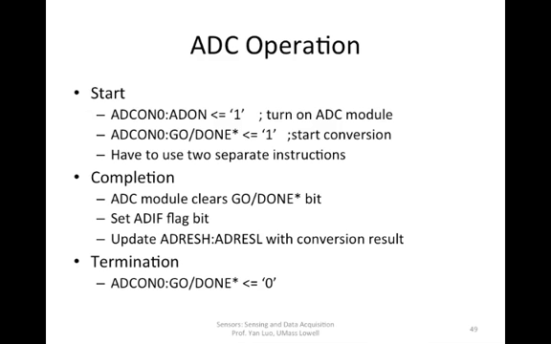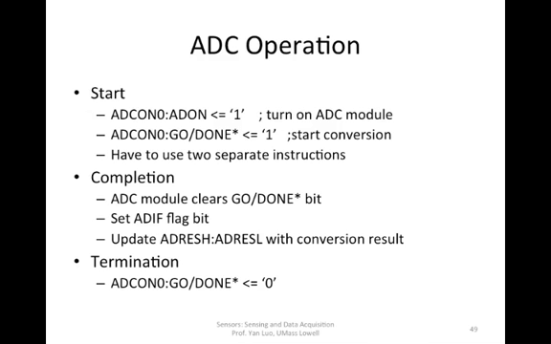Okay, this slide shows you the high-level picture of what we should go about in ADC operation. For starting the ADC conversion, we need to write 1 to the AD on bit of the AD control 0 register.